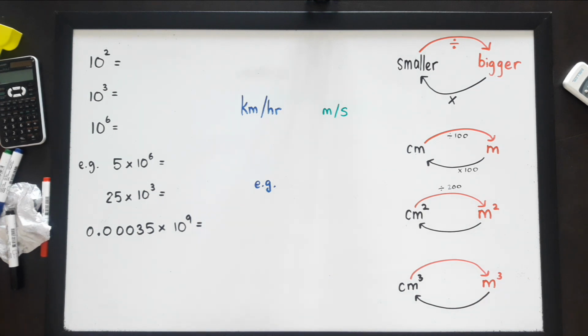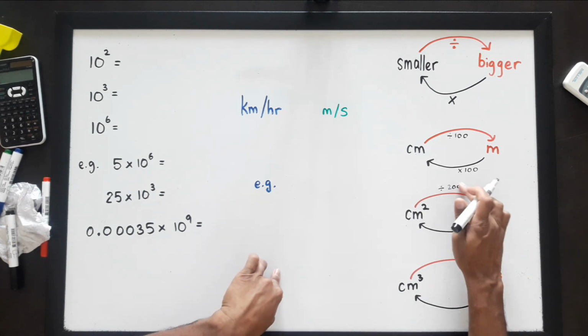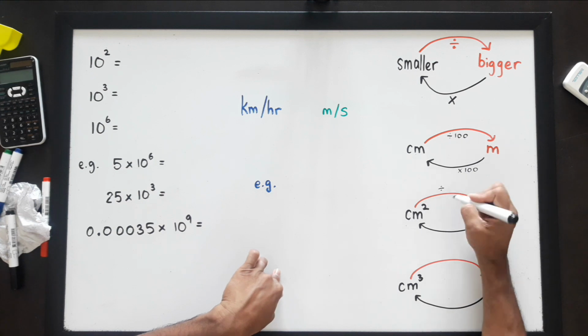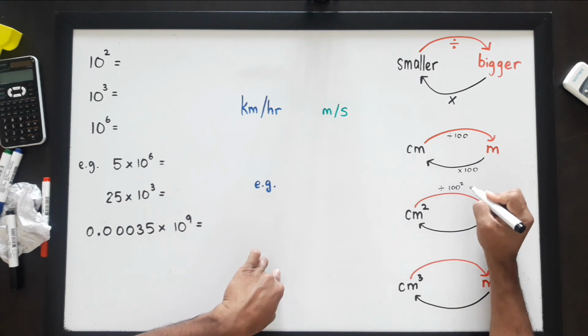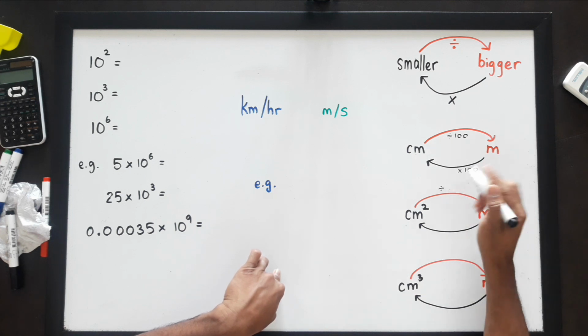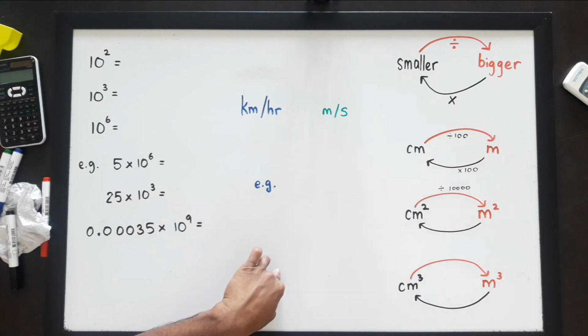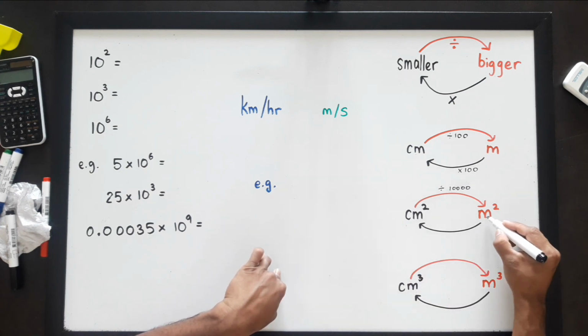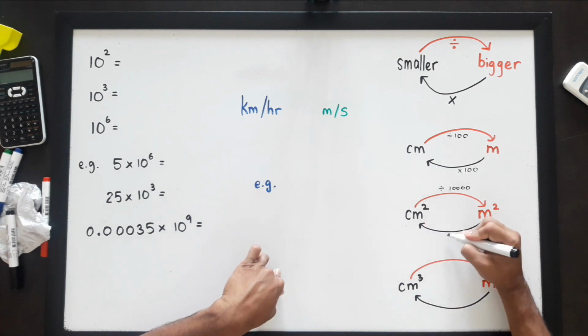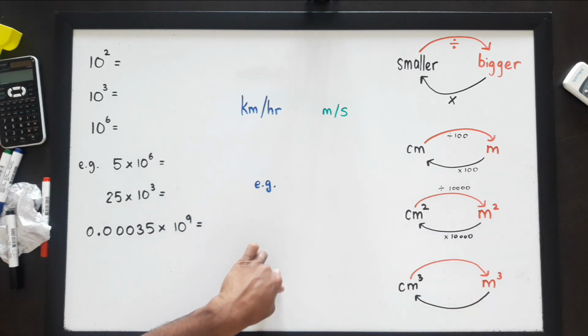That is also wrong. In fact, you have to divide by 100 squared, and 100 squared is 100 multiplied by 100. So you're dividing by 10,000. And anytime you're converting meter squared back to centimeter squared, you multiply by 10,000.